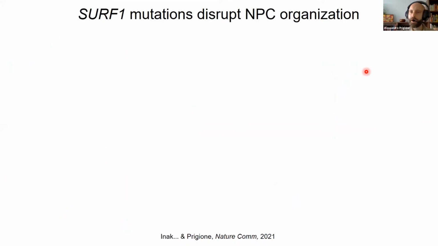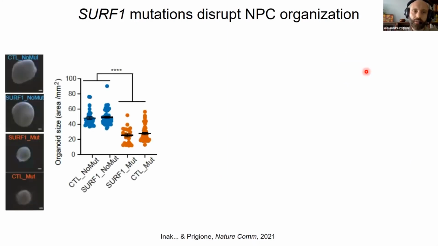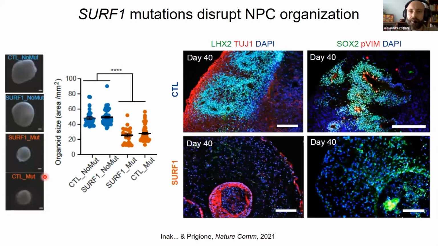So then we went back to understand maybe there's something in the development of neurons that is occurring. The organoids from the controls are bigger than the ones from patient, which we found interesting, as in some cases, people with Surfl mutation also can display microcephaly, so smaller brain. And then we looked in more detail at the organoids, specifically at the part of the progenitor cells that generate the neurons.